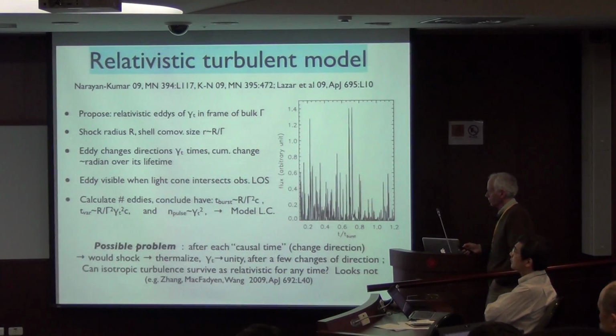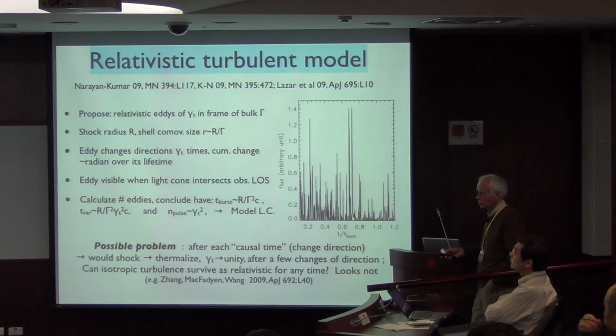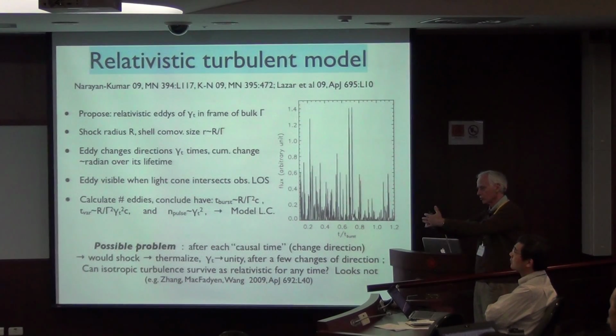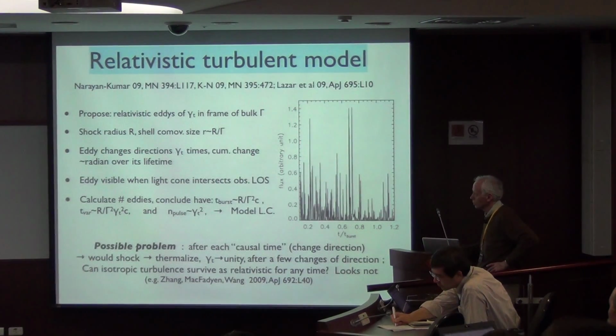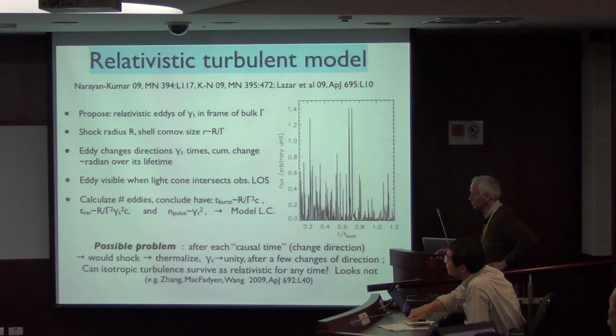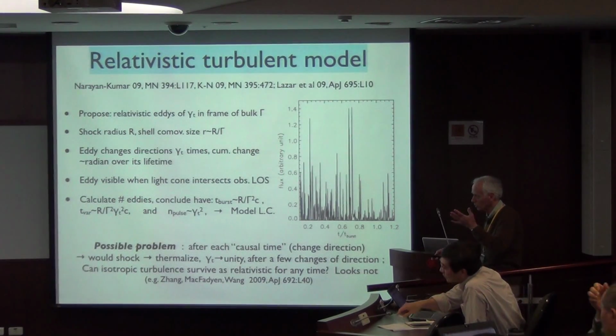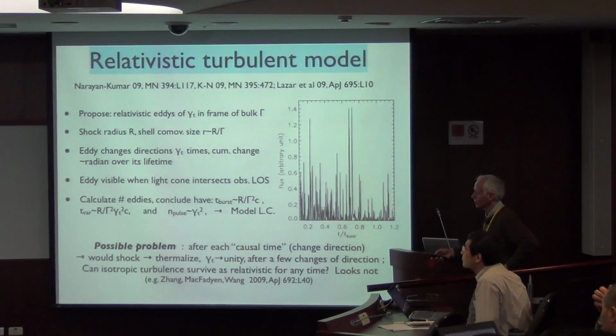A third approach has been to consider that there is relativistic turbulence behind the shocks. So you have the relativistic bulk velocity, and then you have shocks, and you argue that behind the shocks you have turbulence, which is itself relativistic. So you have bulk Lorentz factor gamma, which is maybe 300 or 500, and then relativistic eddies with a turbulence gamma of maybe 10 or 20.